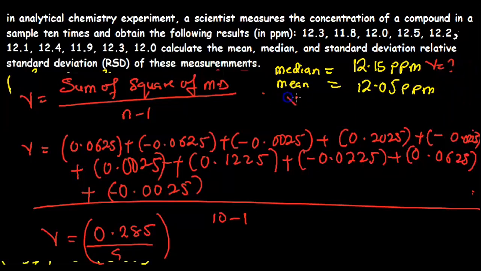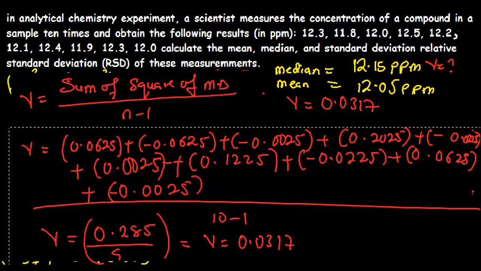Variance is, if you divide 0.285 by 9, this is simply going to give you the value of variance to be 0.0317, if you round everything up. So our variance is going to be 0.0317.